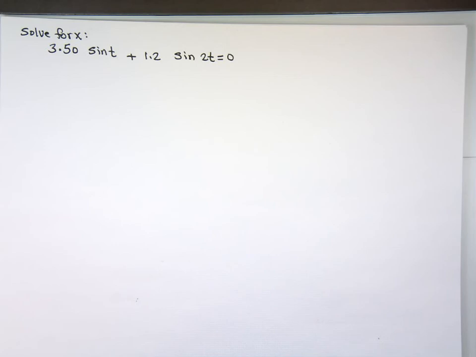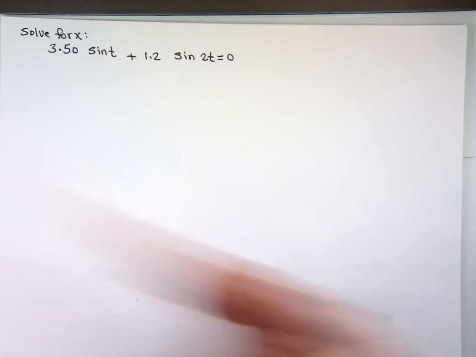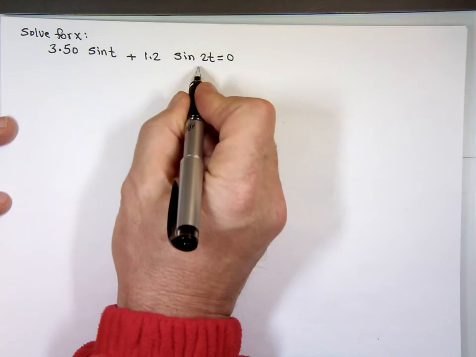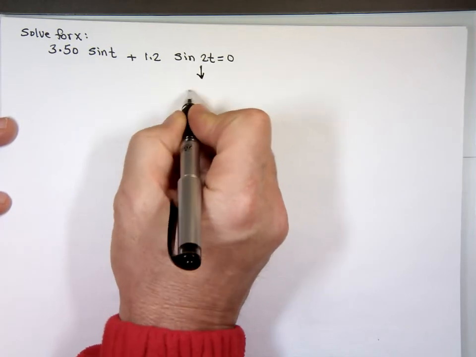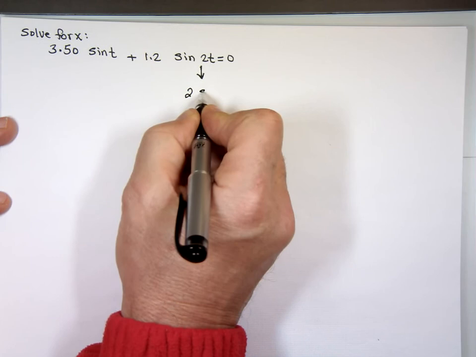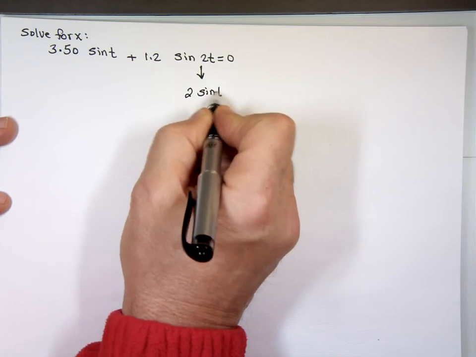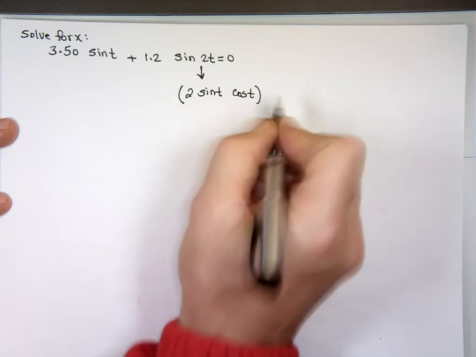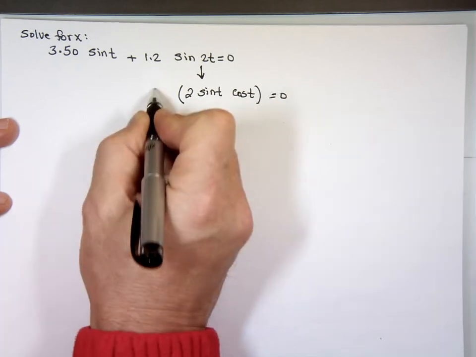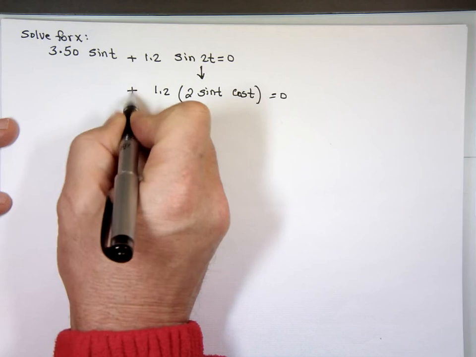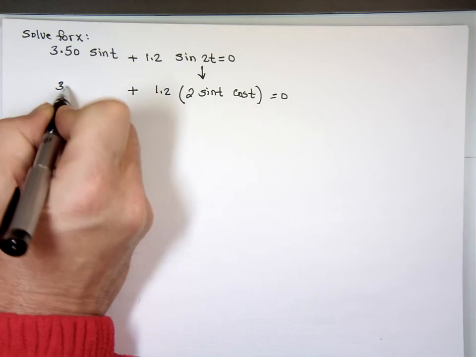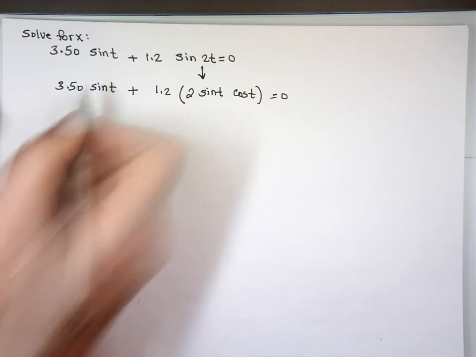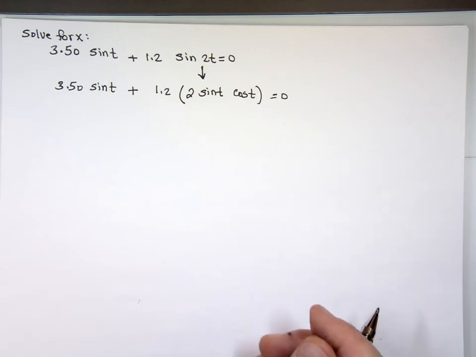So what do we do here? I can use the trig identity for sine 2t. Sine 2t is 2 times sine t cosine t. There's the 1.2, and this is the 3.50 sine t. Two times 1.2 is 2.4.